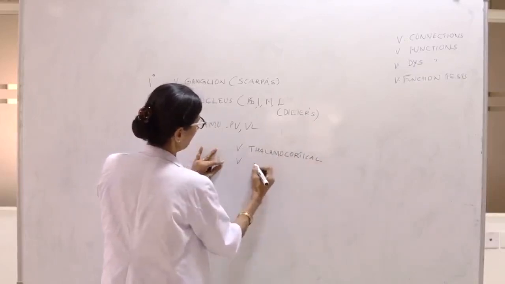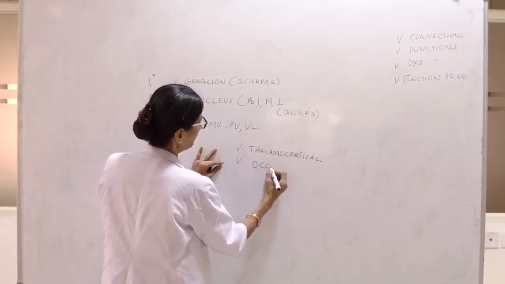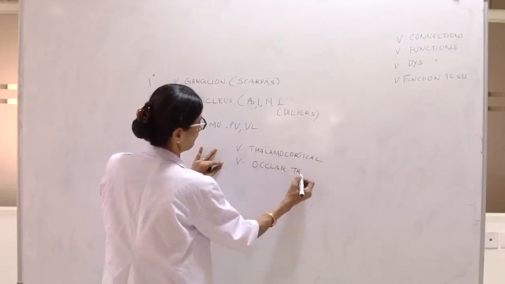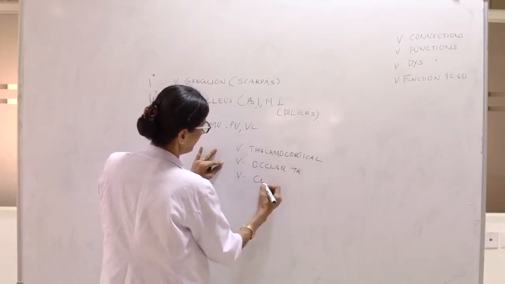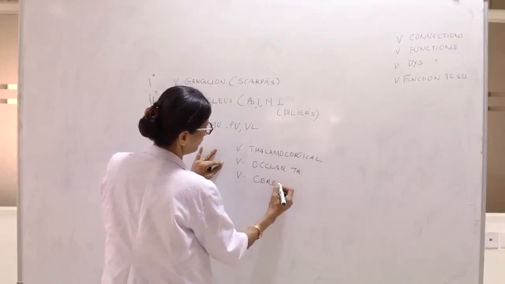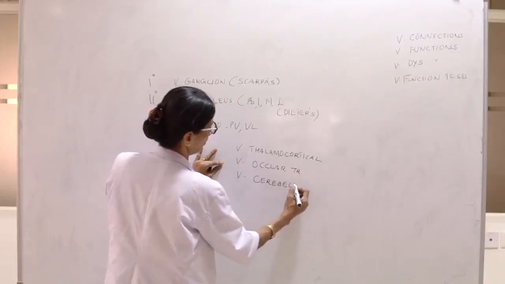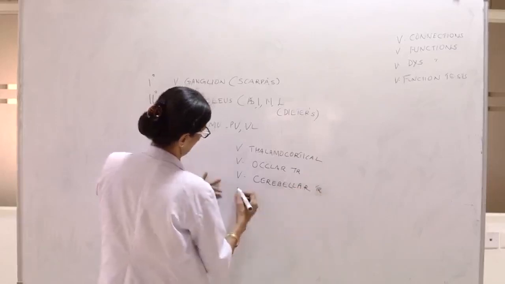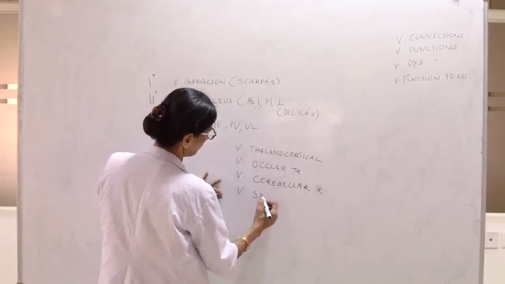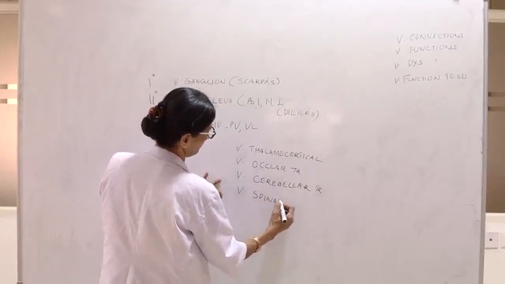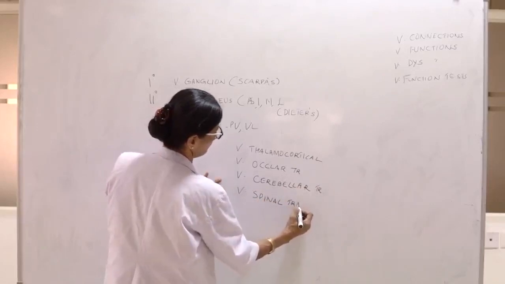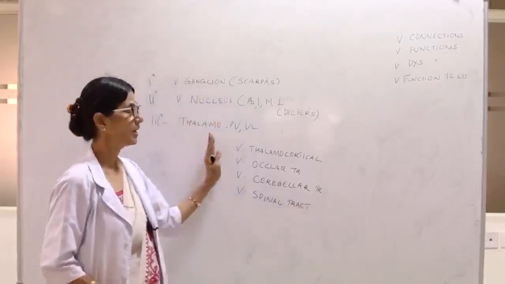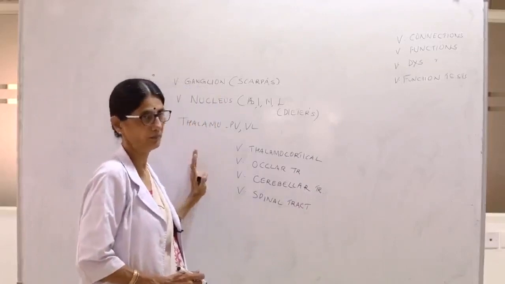Coming down, we have the vestibulo-ocular tract or fibers. Next is the vestibulocerebellar tract, then the vestibulospinal tract. So these are the main connections of the vestibular nucleus.